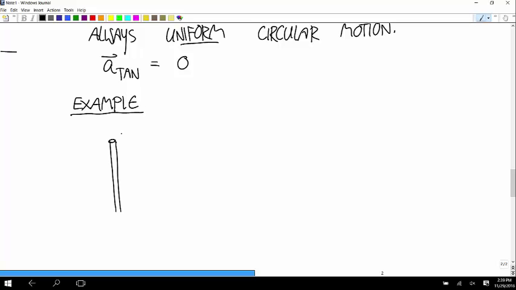Okay, so let's say we have a mass hanging from a cable, and the angle between the string and the horizontal is 45 degrees. Let's say that the length of the cable is 0.25 meters, and the mass of the ball is 1 kilogram.